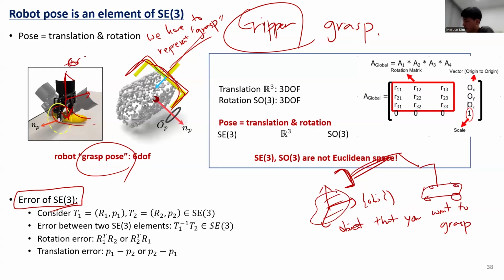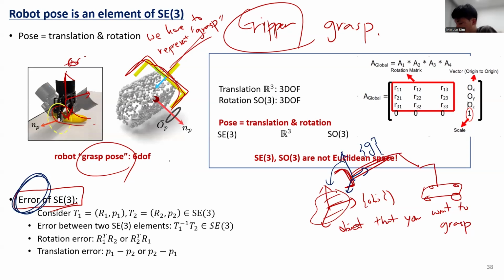And here you have a gripper frame. Then we have to calculate the error between the two frames, because we want to move our gripper to the object frame so that we can grasp the object, right? So we have to represent the error of SE3.